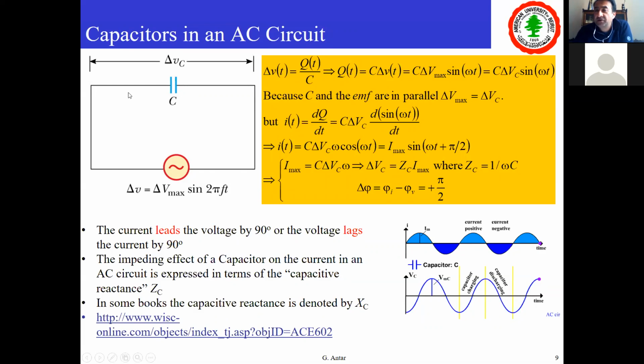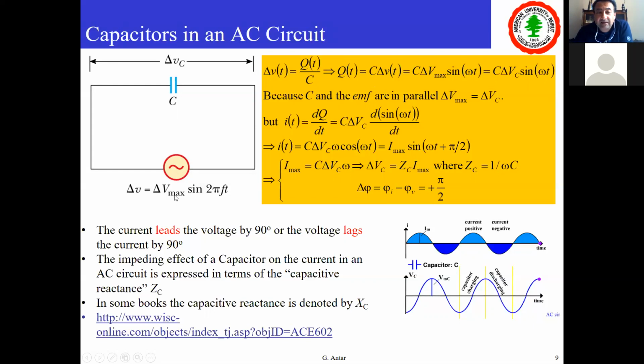This is using the conservation of energy. Now, the delta V of the capacitor is equal to Q divided by C. Since my delta V is time dependent, of course, my Q, the charge in my capacitor, will also be time dependent. Consequently, I can deduce that Q is equal to C multiplied by delta V of t.